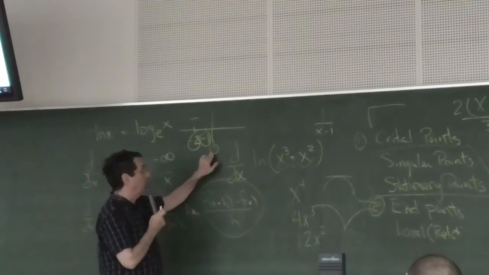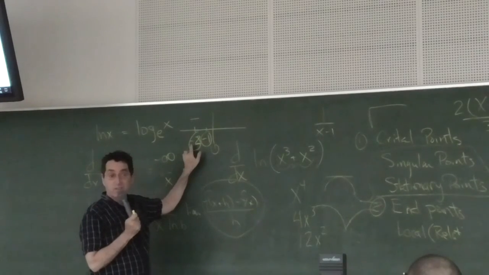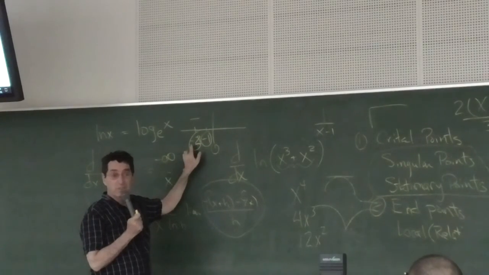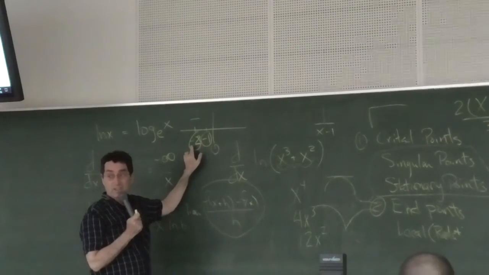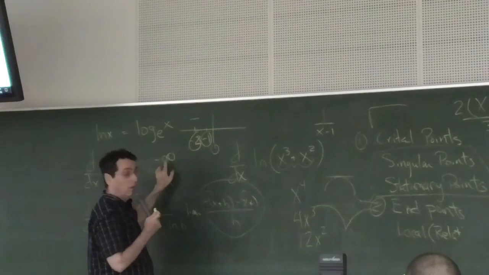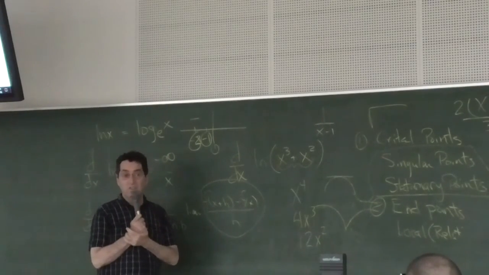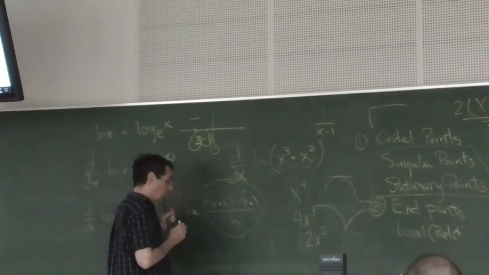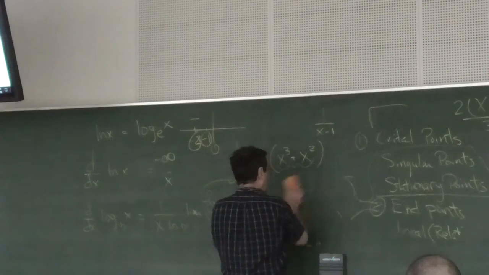Okay, so we know how to check here, here, and here. Here we just put those values into the function, not into the derivative, into the function to get the height. But then, how do we check? What do we do for negative infinity? So that means we want to ask this question.